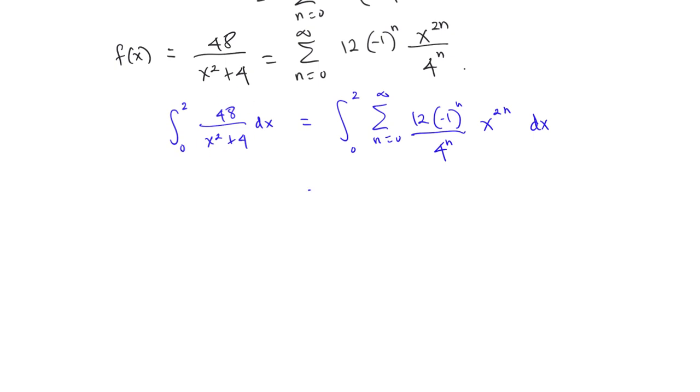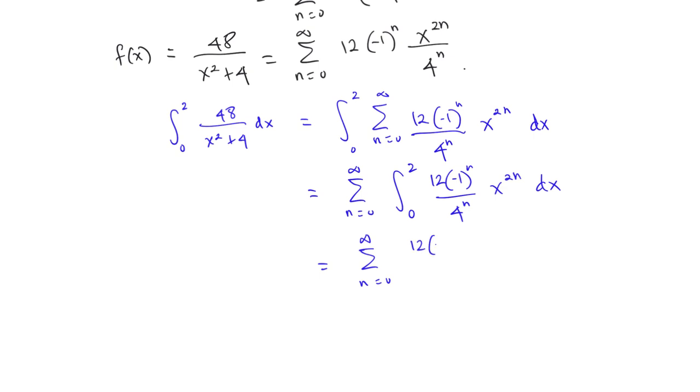But we can move the integral inside the summation so that we integrate 12 times negative 1 to the n over 4 to the n, x to the 2n dx. Now 12 times negative 1 to the n over 4 to the n is a constant because the variable of integration is x dx.